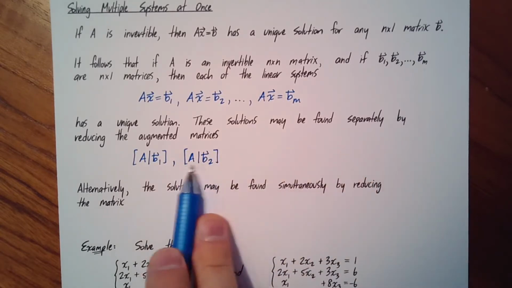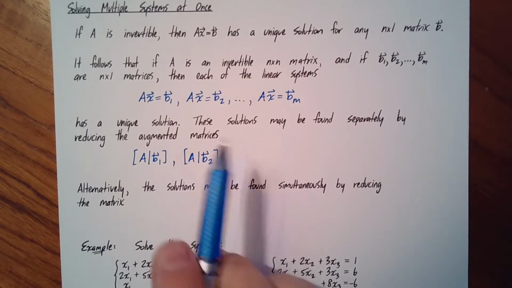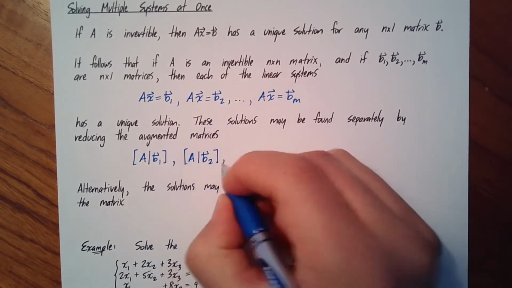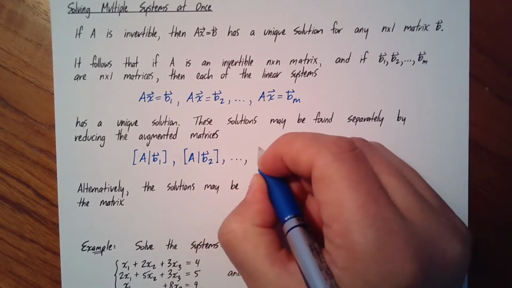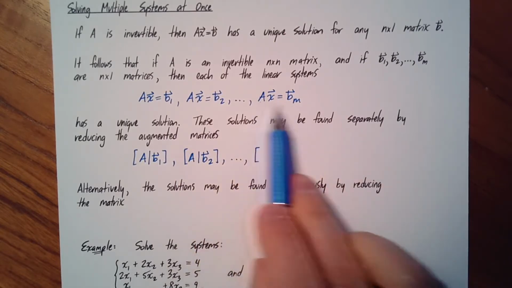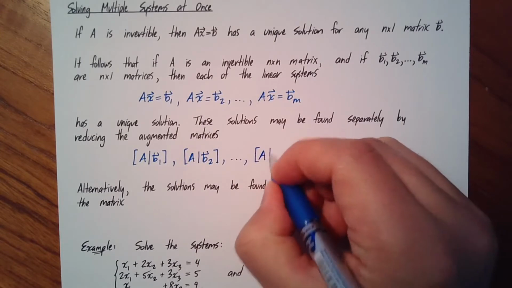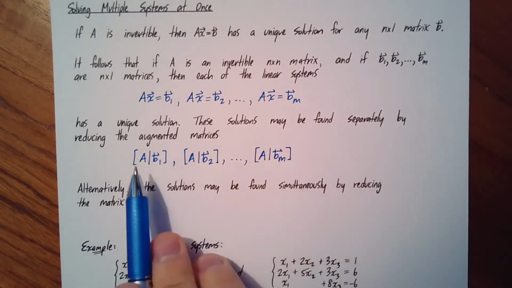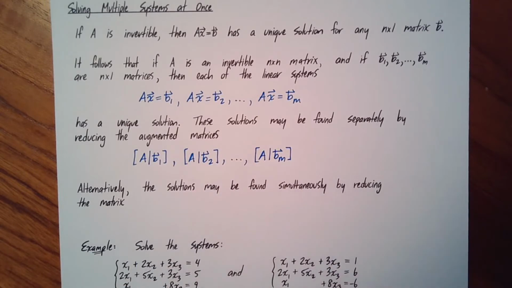And you could do that for each one. So let's complete the list. So the last augmented matrix for this linear system, you'd have A, Bm. Right? You could reduce each one of those separately and treat it as a separate problem.